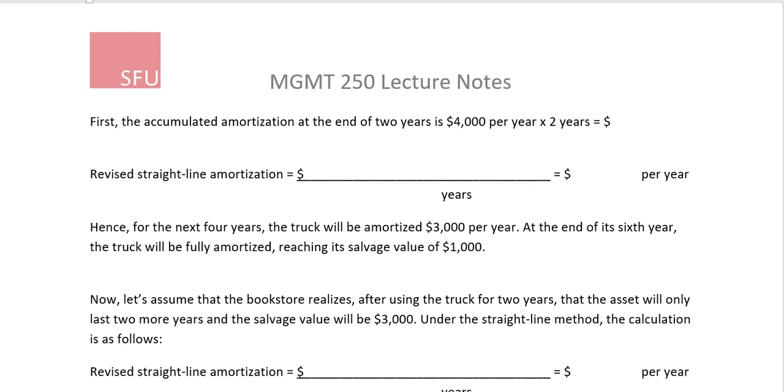So we're at the end of 2 years, and we're just figuring out how much amortization has happened in those 2 years under the straight line method, and the rate that we calculated. We're amortizing at $4,000 per year. So for 2 years, it's straightforward. 4,000 times 2 means we've amortized $8,000.